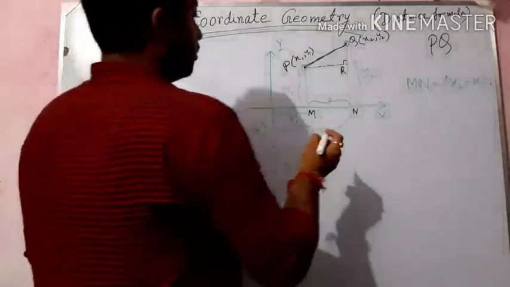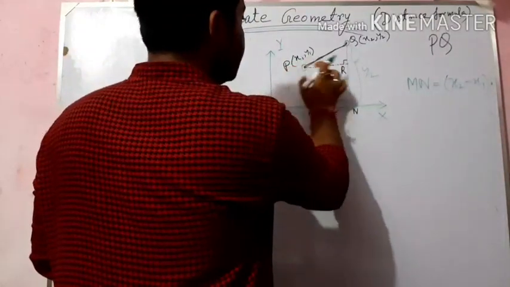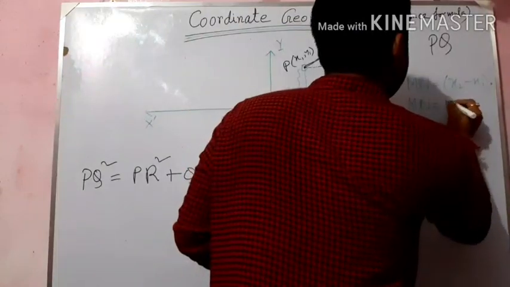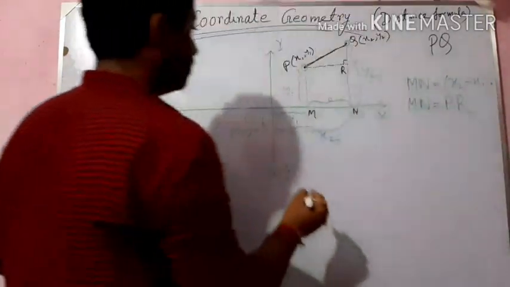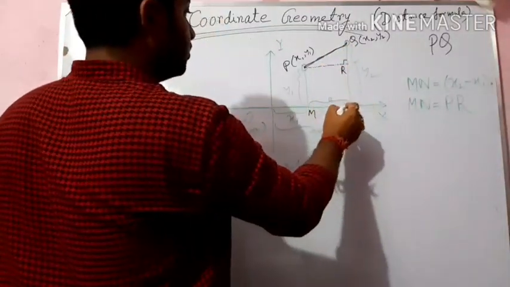And this MN will be equals to PR, because these lines are perpendicular, right?